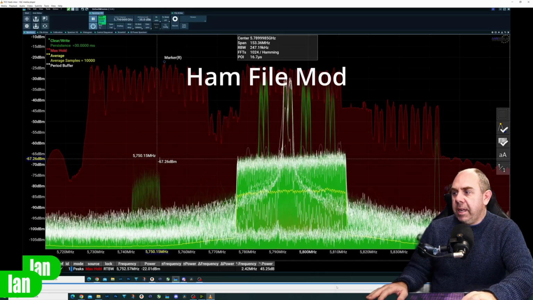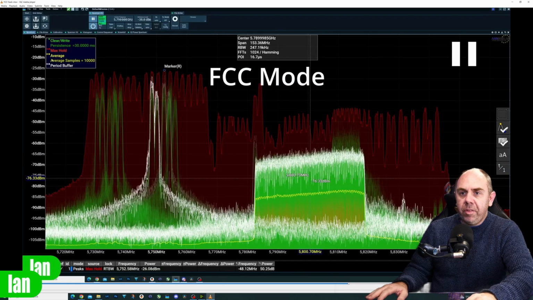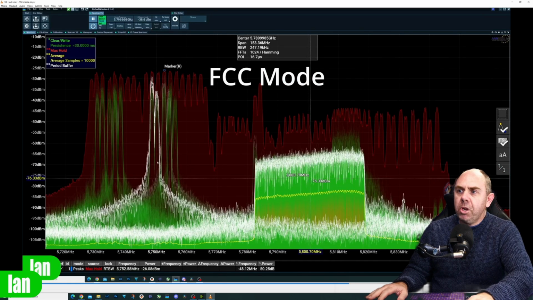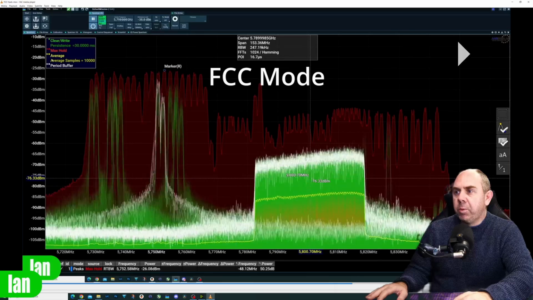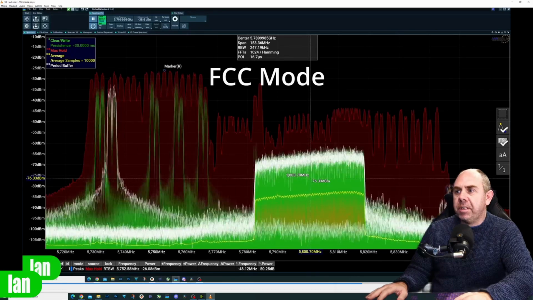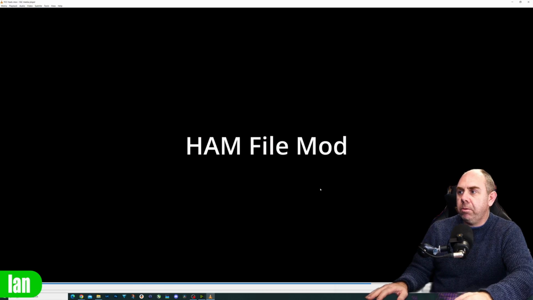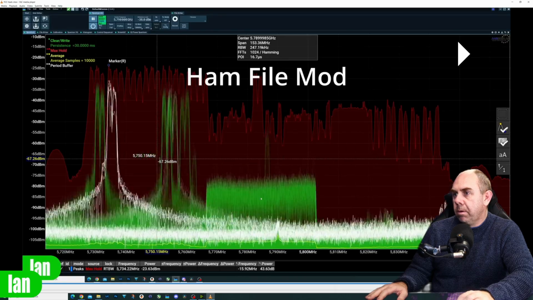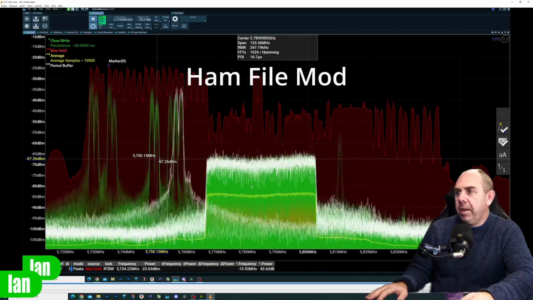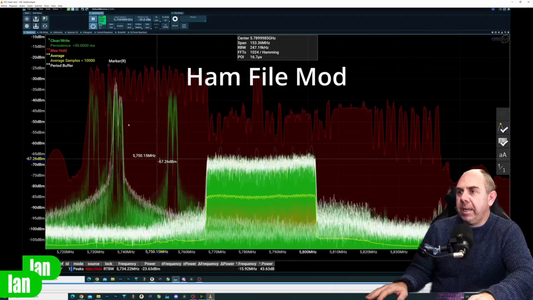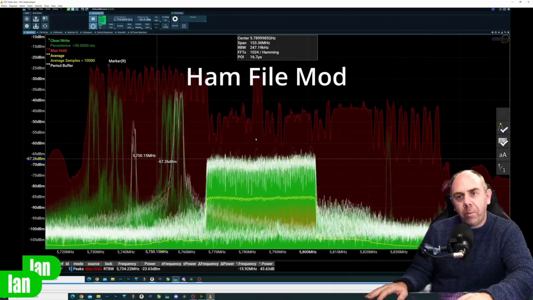What you've just seen there, this is in auto mode, so the goggles carriers are next to the video carrier. But I switched it into manual mode just to see if there's any difference. What you'll see in manual mode is the goggle carriers move on top of the video carrier.